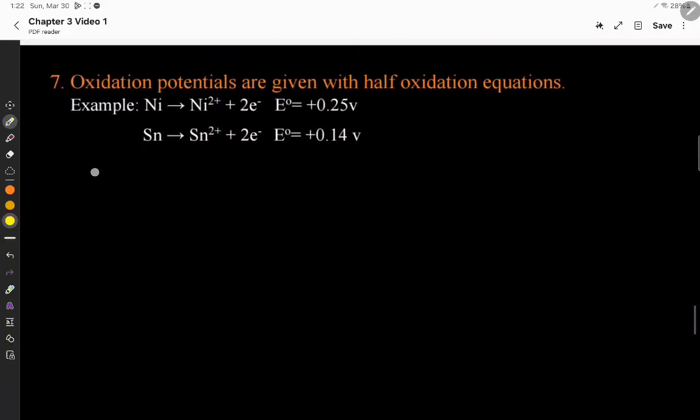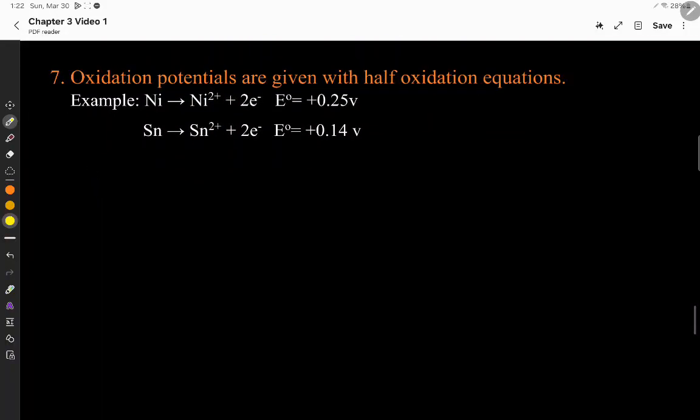Let's look at another equation here. It says the oxidation potentials are given with half oxidation. Now in this case it will give us two oxidation reactions. Ni, nickel, is going to be oxidized, so this should be the anode. Sn is going to be oxidized, this also is the anode. So we do not have two reactions at the anode. One of them should be reversed.